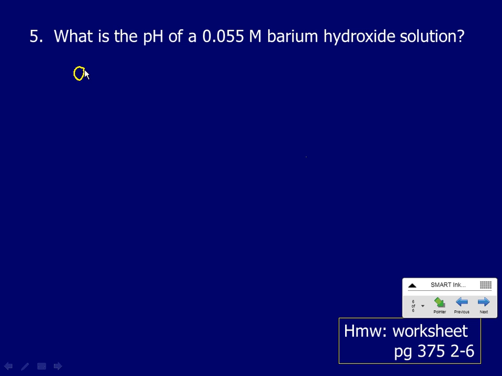Like I said, if I have 0.055 molar Ba(OH)2, then that means my OH is, and I don't need you to show me those steps, I'm just reminding you where they come from. How much OH minus am I going to get from this when the OHs fall off?